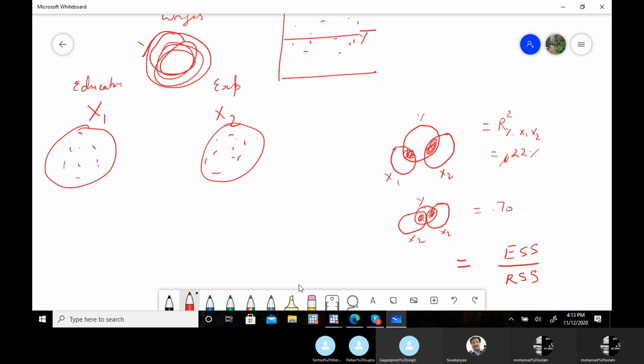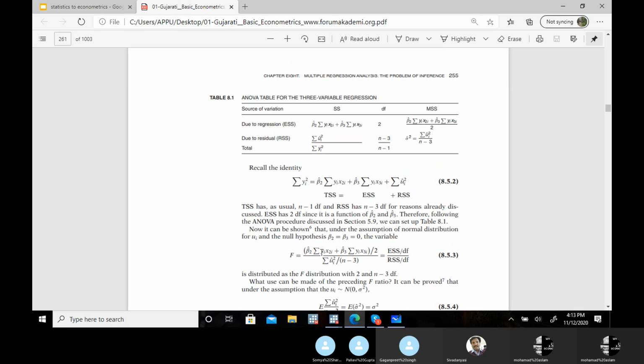If this gap is quite high, what does it mean? Let's suppose this explained sum of square is quite high, greater than the residual. It means the overall significance of the model. If this ratio is significant, it means this gap is significant. It means these variables are significantly explaining the changes in the dependent variable. That's the F ratio, and that's the method for overall significance of the model.